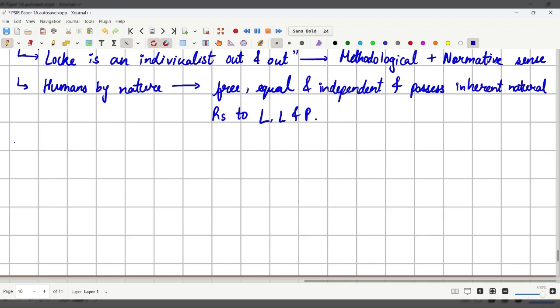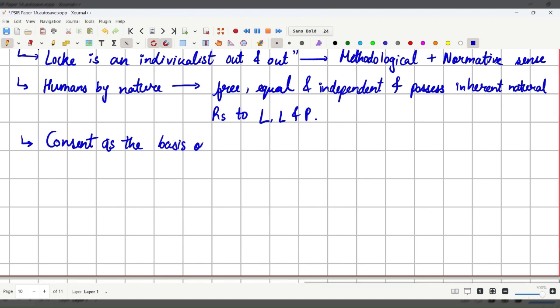So basically, he wants to say that the state is artificial and created to solve the inconveniences faced by humans in the state of nature. So for him, consent is the basis of authority.